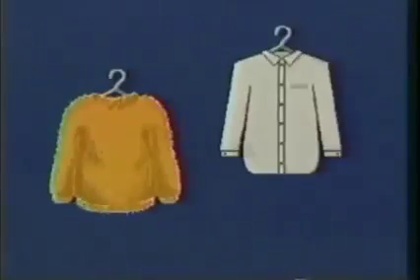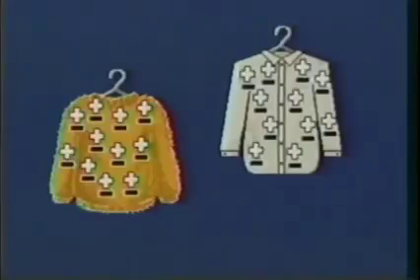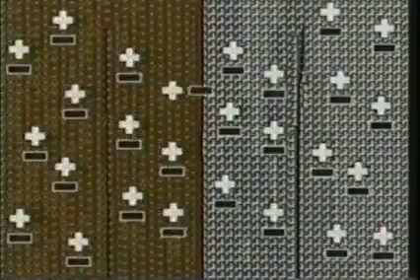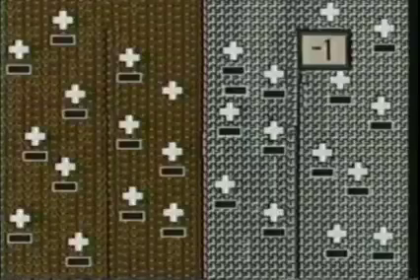Both the cotton shirt and the wool sweater consist of billions and billions of atoms. So instead of trying to show all the charges, we'll just show a representative sample on each garment. When the two materials come in close contact, we can show the charge transfer from the wool to the cotton in this way.